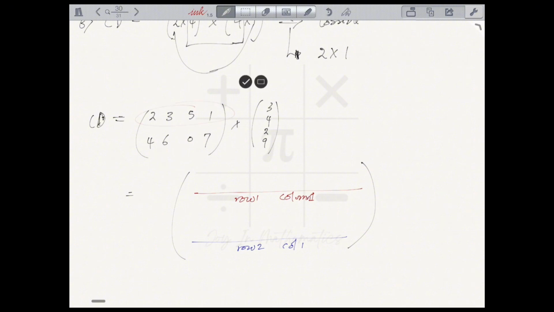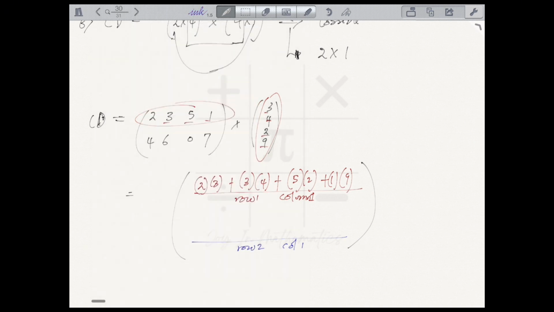So row 1 multiplied by column 1. So this will be 2 multiplied by 3 plus 3 multiplied by 4 plus 5 multiplied by 2 plus 1 multiplied by 9. That's quite interesting, you know.